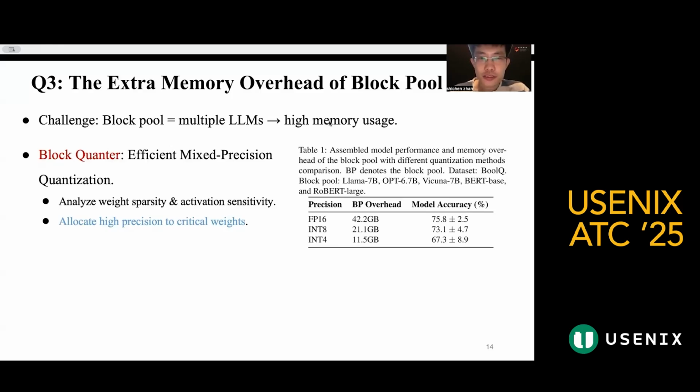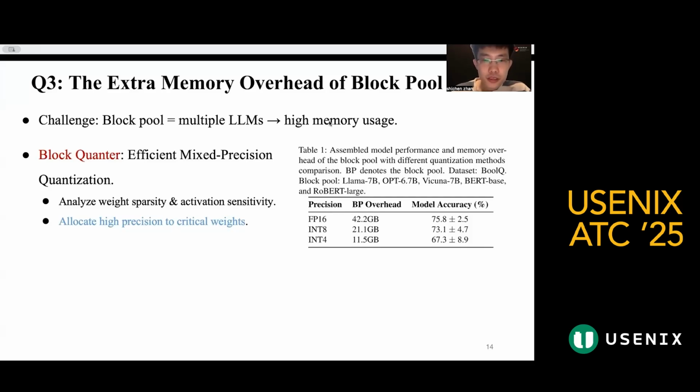We can observe a nearly 6% drop in accuracy. The existing mixed precision quantization methods could help, but they are often too complex and computationally expensive, especially on low-end devices. So we came up with a more practical solution, BlockQuant, a blockwise quantization method.